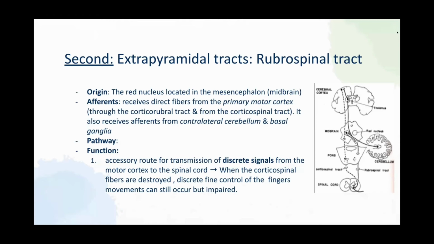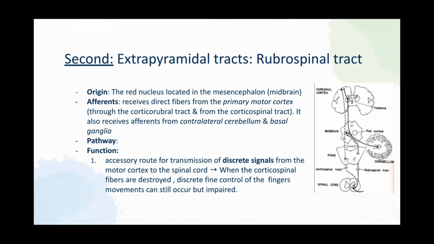The afferent is from the primary motor cortex, and it also receives afferents from the contralateral cerebellum and the basal ganglia. See here, the cerebellum of the opposite side gives afferent to the red nucleus, and also the corticospinal tract of the same side gives to the red nucleus, and the basal ganglia, it's not shown here, but it also gives afferent to the red nucleus in the midbrain.